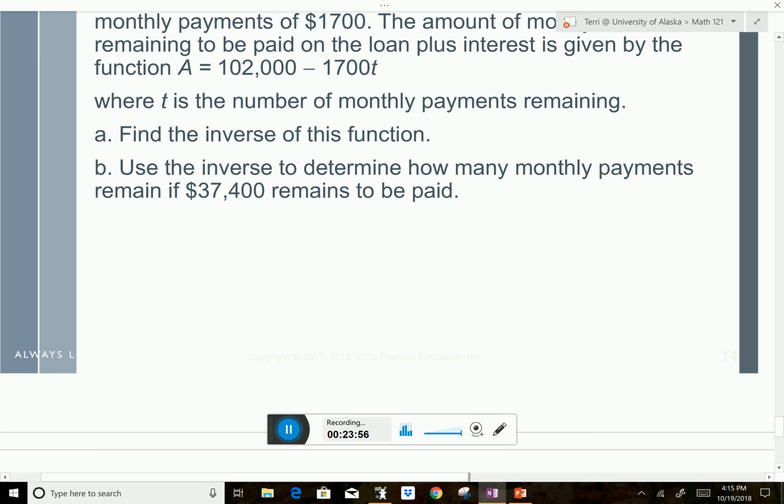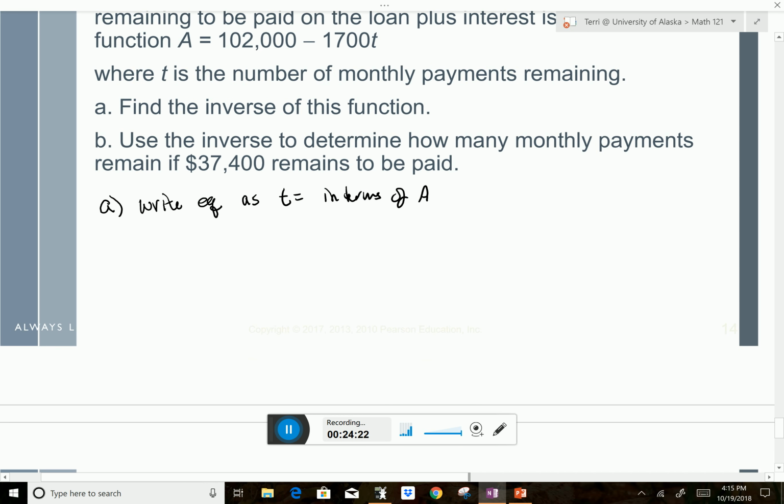Now I can find the inverse of this function, but I'm not going to switch what t and A are, because I want t to stay time and A to stay the amount. So I'm just going to rewrite this equation as t equals in terms of A. I want to isolate t. So A minus 102,000 equals negative 1,700 t.